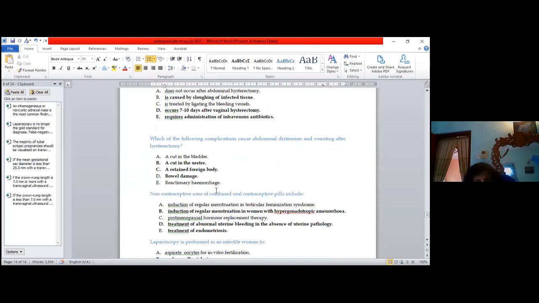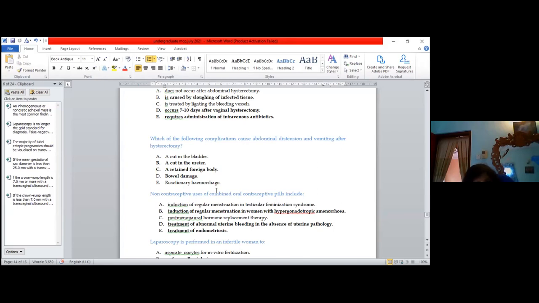Which of the following complications cause abdominal distension and vomiting after hysterectomy? Cutting the bladder won't, because the bladder is an extraperitoneal structure. Most of the urine will drain through the vagina. Cutting the ureter, yes, because most of the urine will leak into the peritoneal cavity.